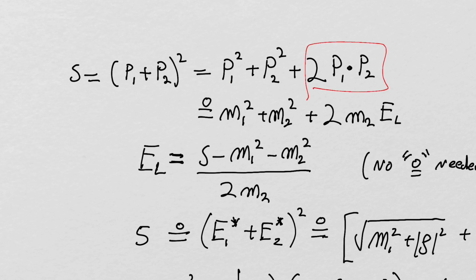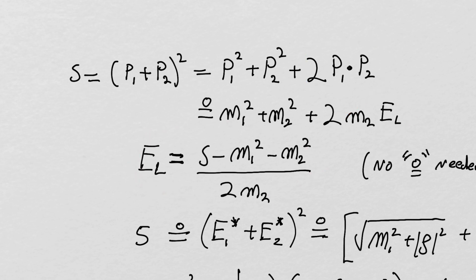But this part, of course, is where being in the lab frame is very helpful. P1 dot P2 is immediately M1 E lab. And now we have an expression for E lab, and everything else we see is an invariant, right? Which means, kaboom, we solve for E lab right away.